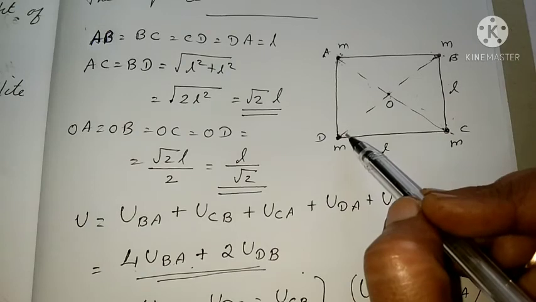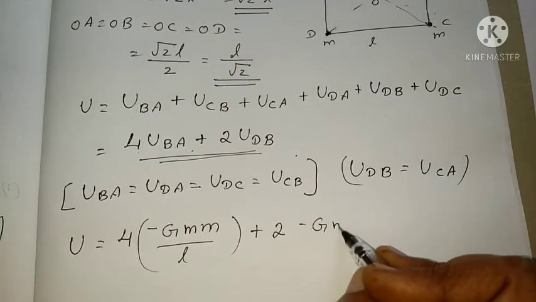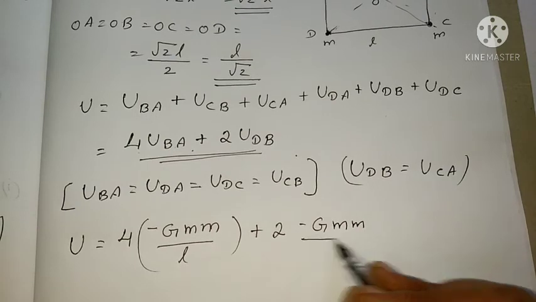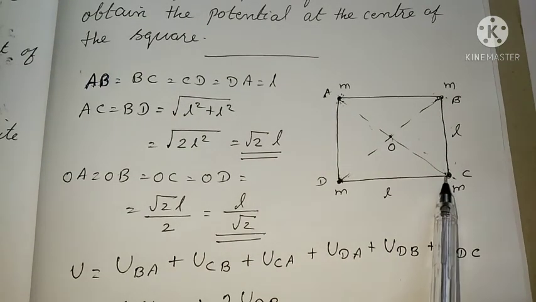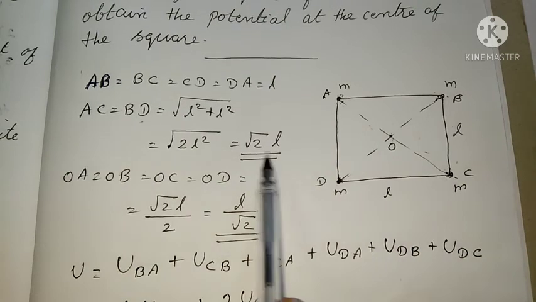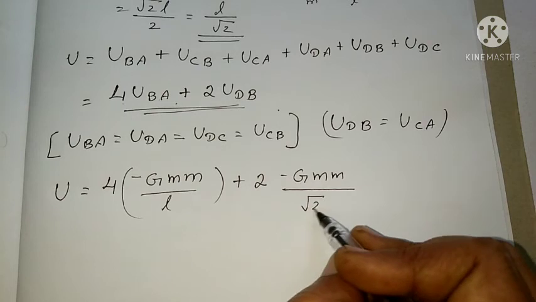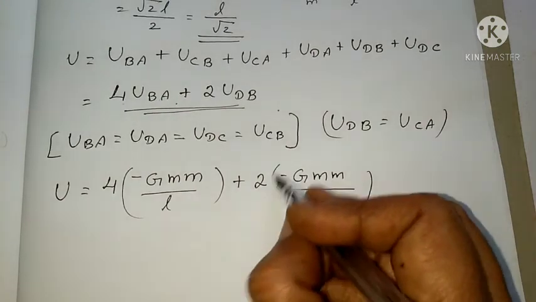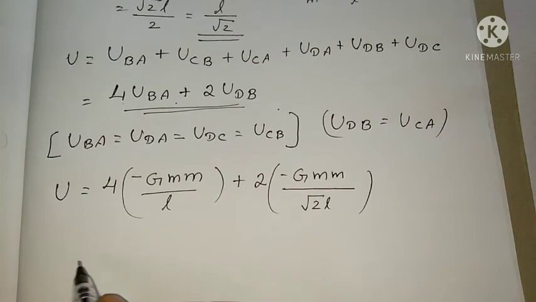Here also minus G M square divided by the distance between these 2 points, which we already found, root 2 L. Then substitution is over, and we can calculate the potential energy.